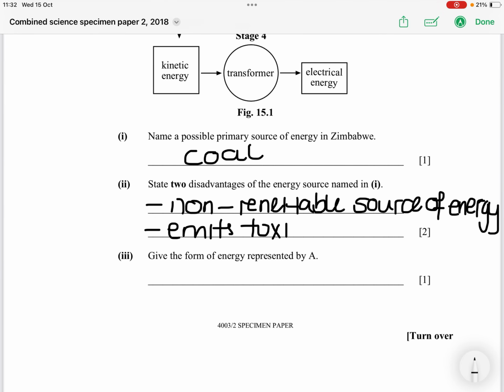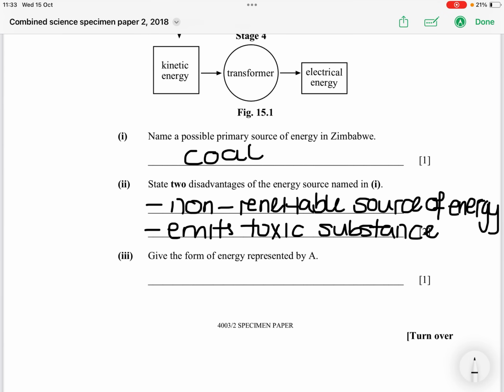And also it emits toxic substances which harm the human health. Coal is a non-renewable source of energy. It also emits toxic and carcinogenic substances into our air, water, and land, affecting human health.